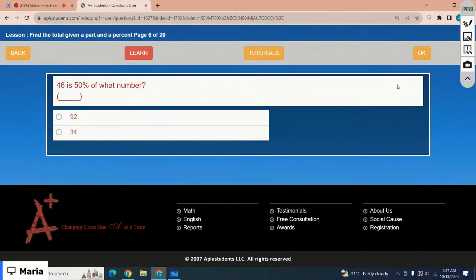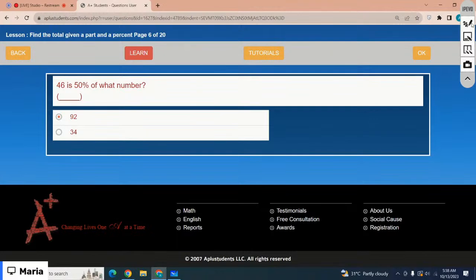No, hold on. You have to see 46 is half of what number, right? 46 is half of 92. The correct option is 92.